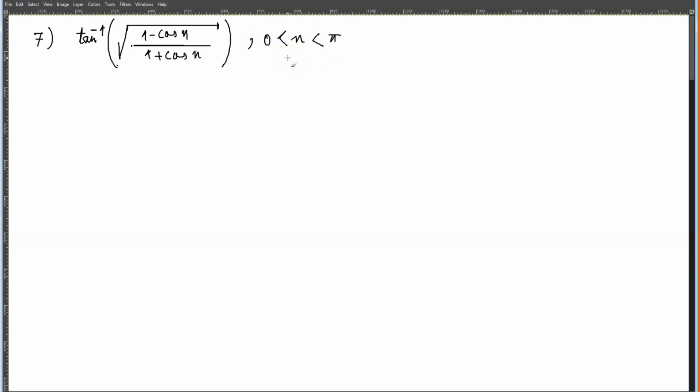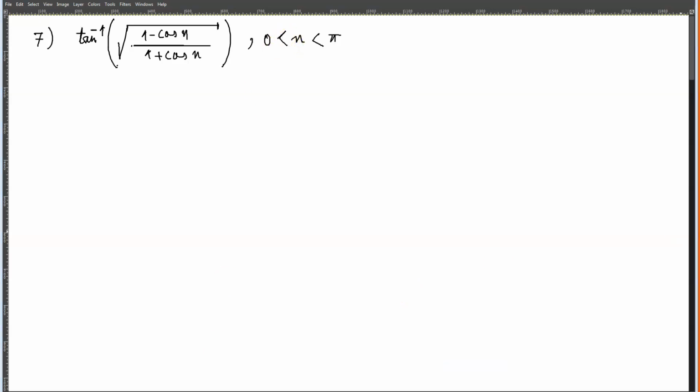Now, in order to simplify this, we need to use the formulas that we have for the cos of 2x and sine of 2x.